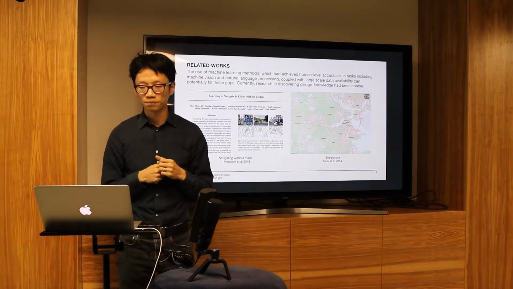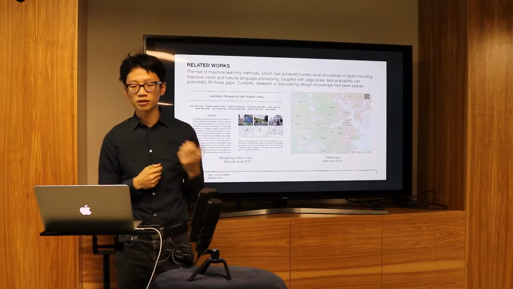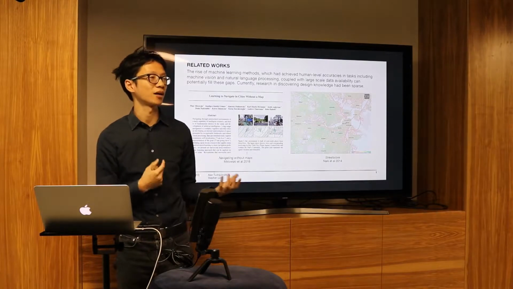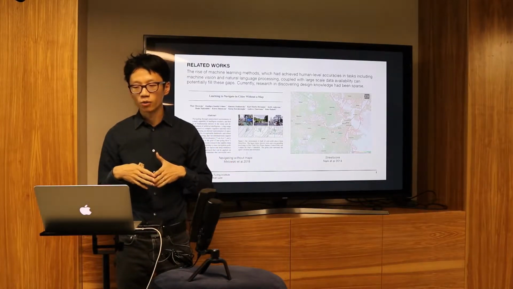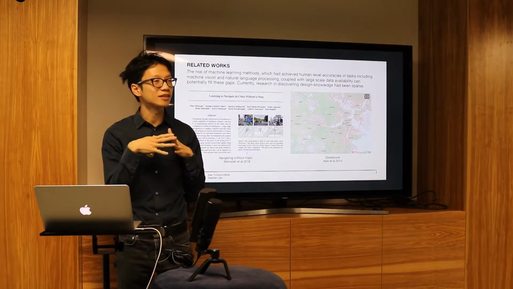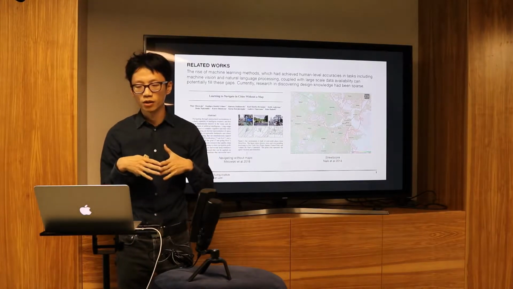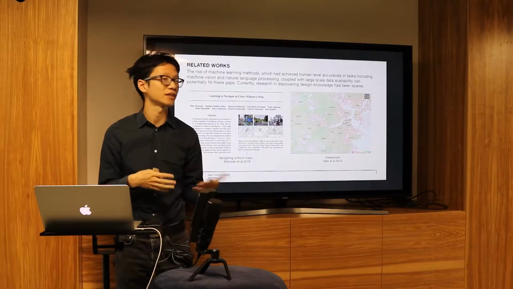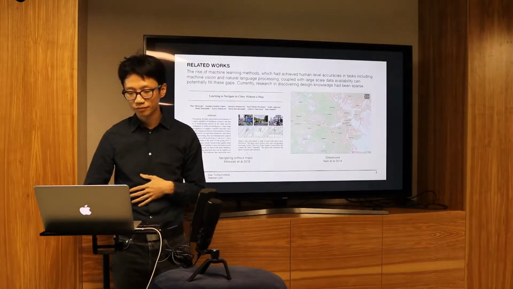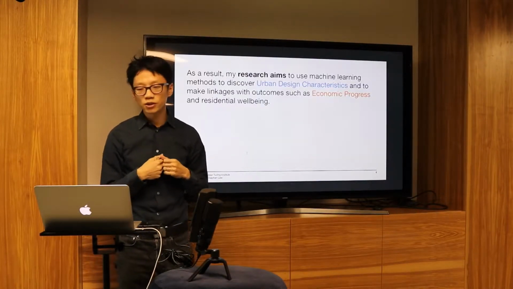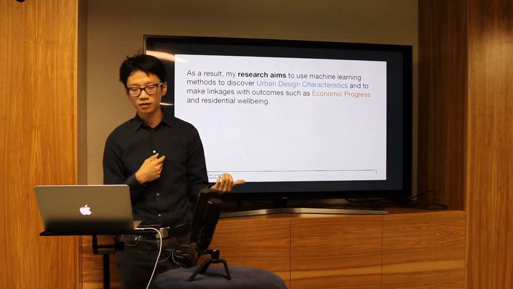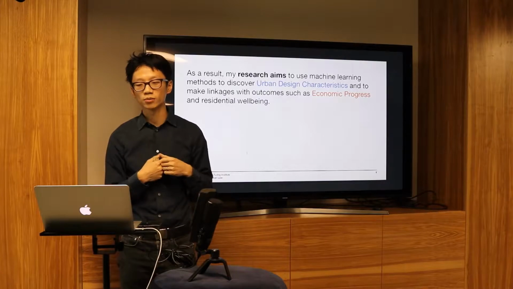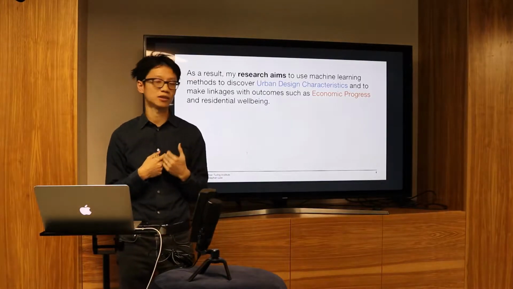in urban geography. However, currently, research in discovering design knowledge has been quite sparse. This is where my angle comes in: can we discover urban design knowledge using these methods and data sets? As a result, my research aims to use machine learning methods to discover urban design characteristics and to make linkages with outcomes such as economic progress and residential well-being.